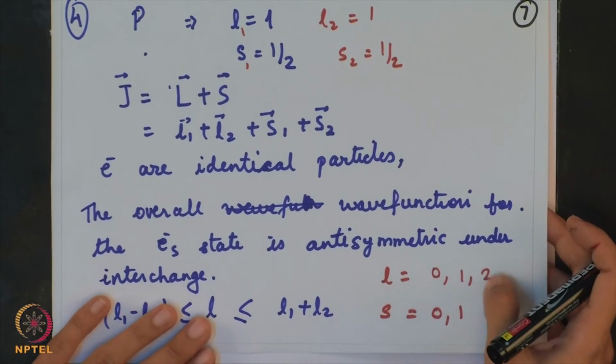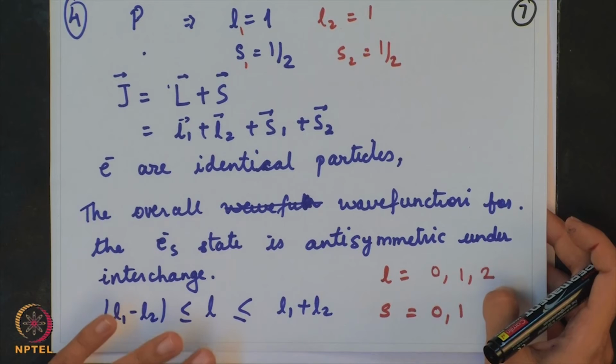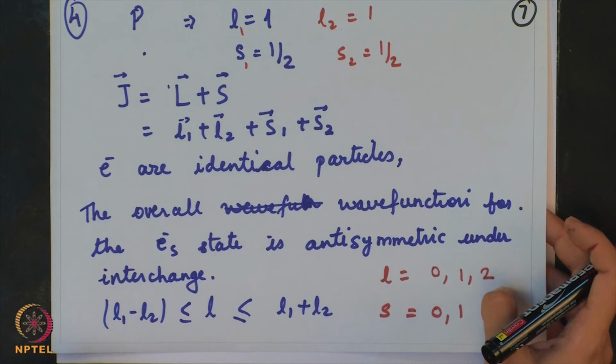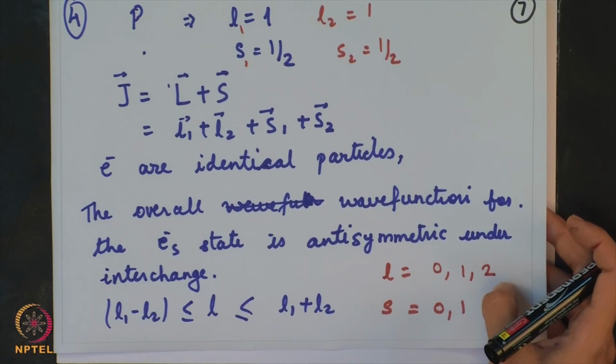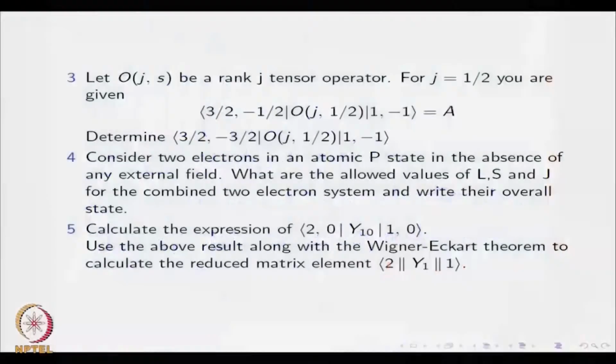Now, with these possibilities you have to make only the combinations which are allowed. Which combination will be allowed? The combination which gives a symmetric state will be forbidden, sorry, and the combination which gives an antisymmetric state will be the allowed state.